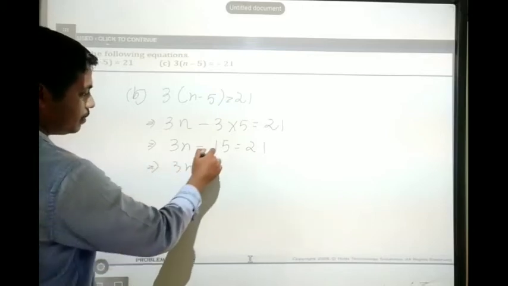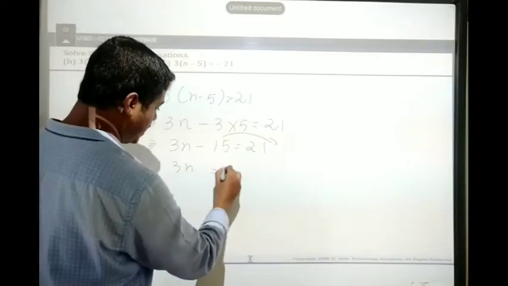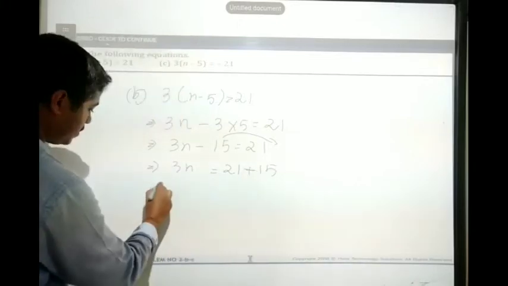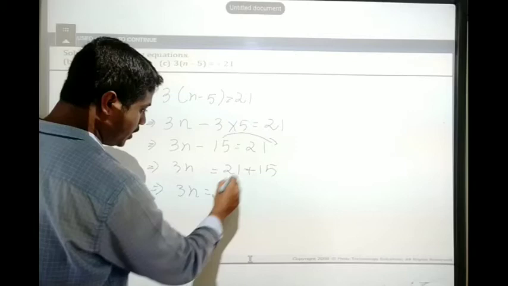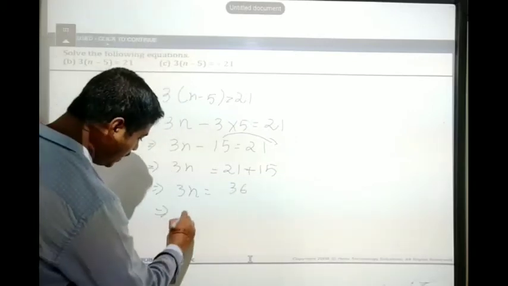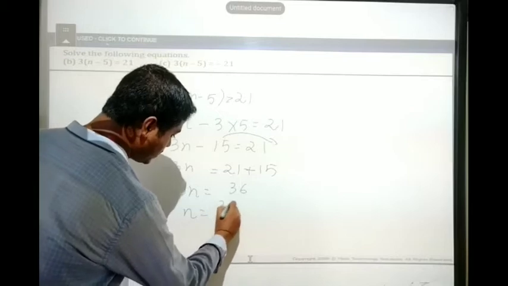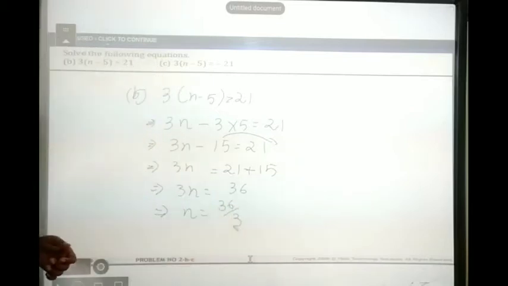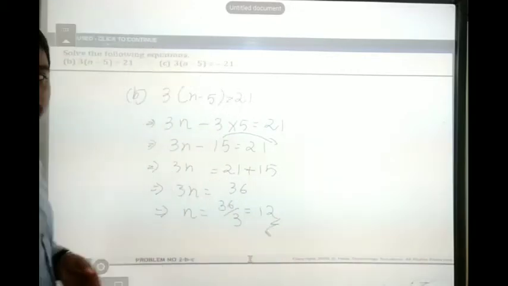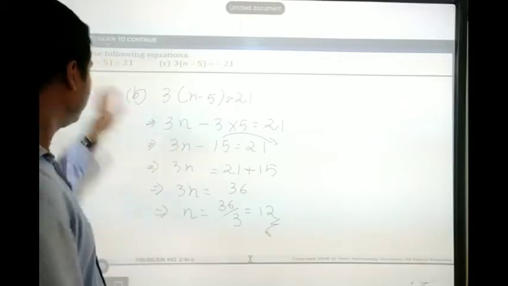Put 15 on the right hand side, so it will be 21 plus 15, so 3n is equal to 36. So n will be equal to 36 divided by 3. I put the 3 on the right hand side. 36 by 3 is equal to 12. So this is the answer for question B.